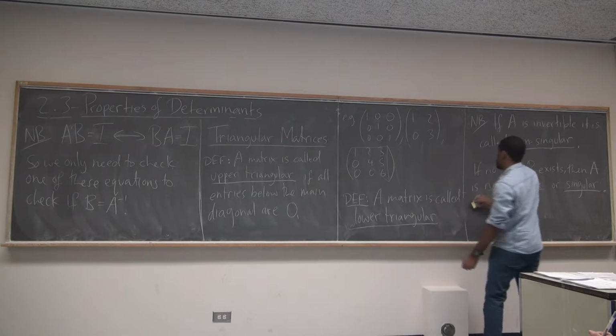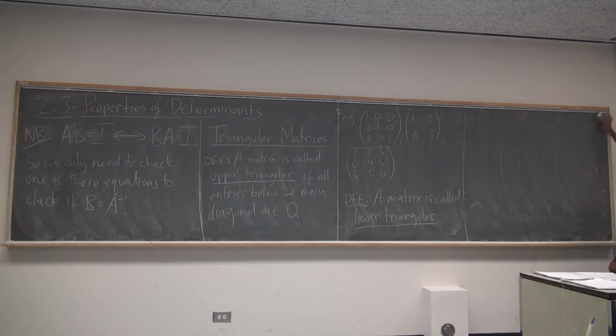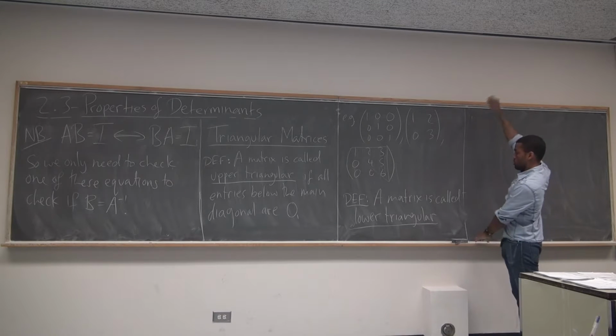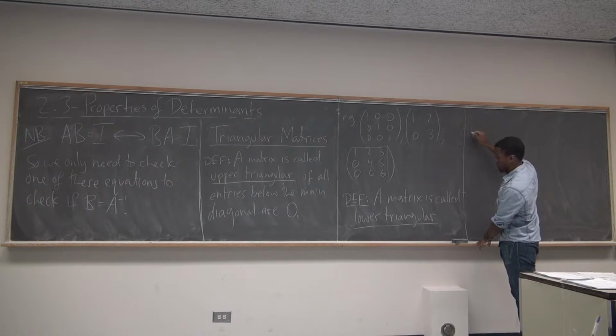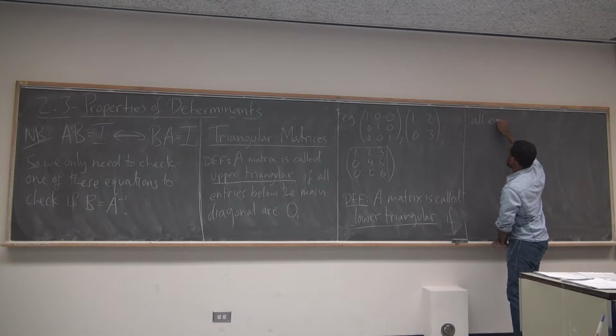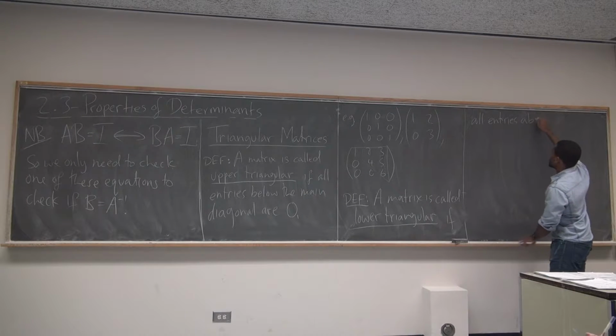Lower triangular has a similar definition. If all entries above the main diagonal are 0.